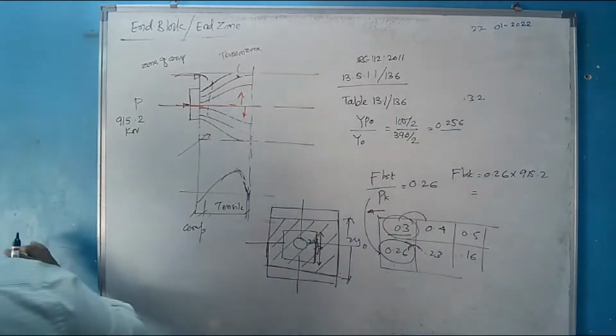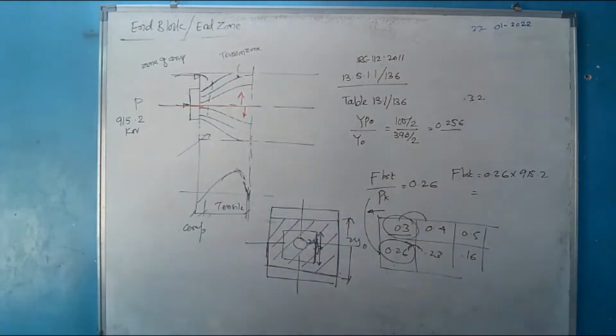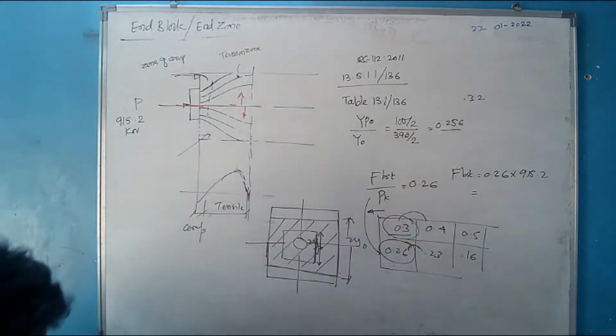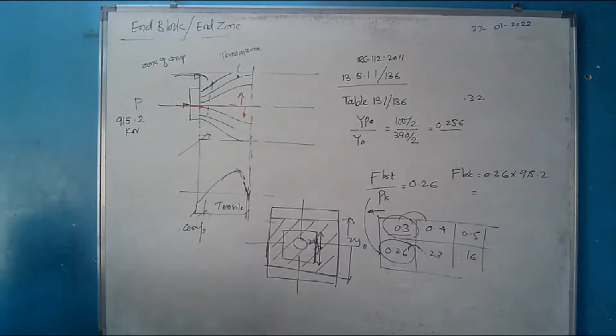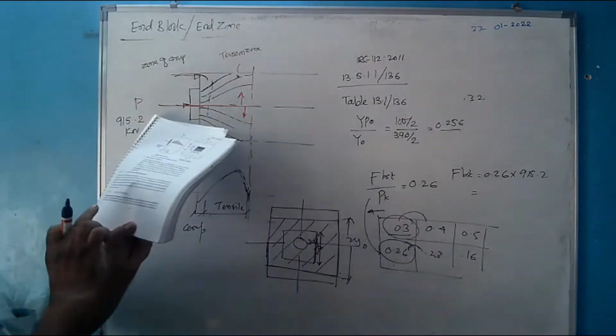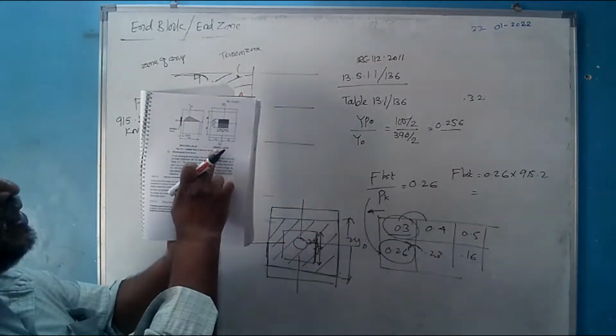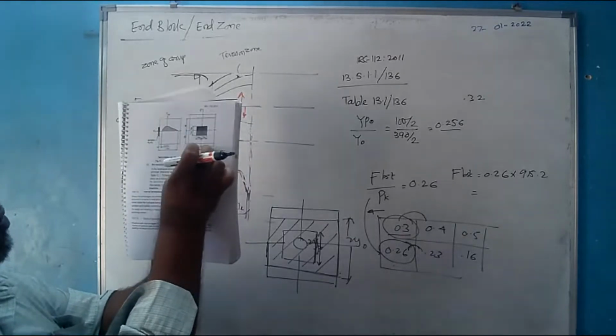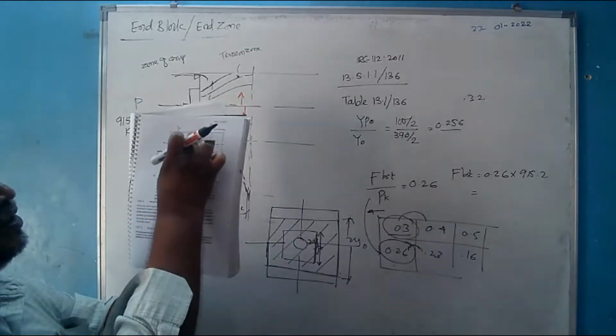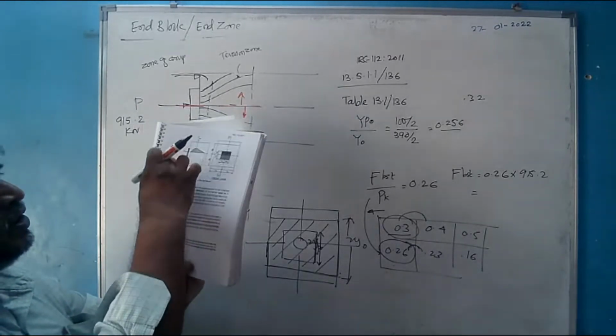So I will get the bursting force. How much is the bursting force? Please consider that bursting force. कितना आ रहा है? What is the value of bursting force? देखिए ये फिगर यहाँ पर पेज नंबर 137 के ऊपर एक्सप्लेन किया है. YP naught, YP naught, Y naught, Y naught, right? The area, all the things are defined here.